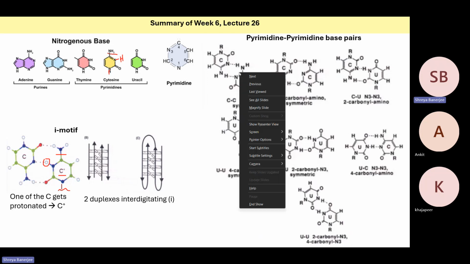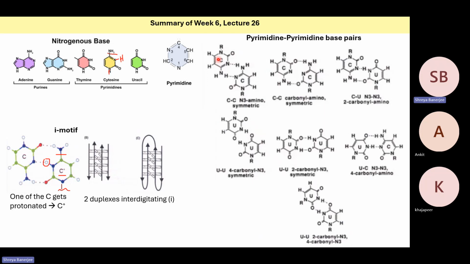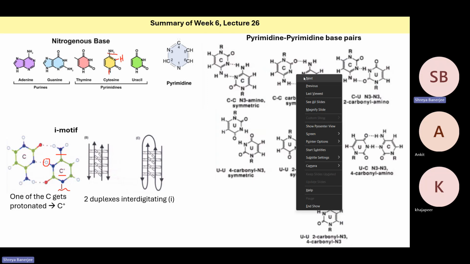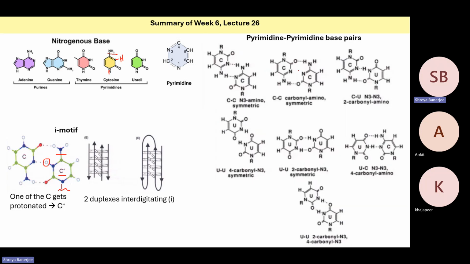And if you look at the normal CC, you can see the CC base pairing. There are two hydrogen bonds between them. Or another kind of CC also has two hydrogen bonds between them. But if you add an extra hydrogen here, then this can also form a hydrogen bond now, and the number of hydrogen bonds becomes 3. So now the pairing is even stronger. That is what is shown here.